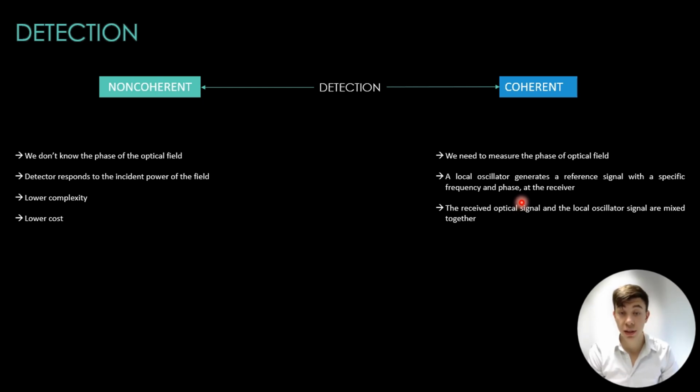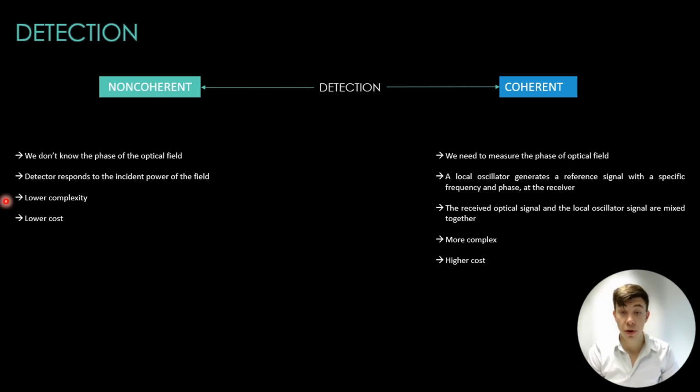Advantages: coherent detection offers improved sensitivity, allowing for longer communication distances and higher data rates. It can effectively suppress certain types of noise, leading to better signal quality. Non-coherent detection is simpler but offers lower performance, while coherent detection is more complex but provides superior sensitivity and noise rejection.